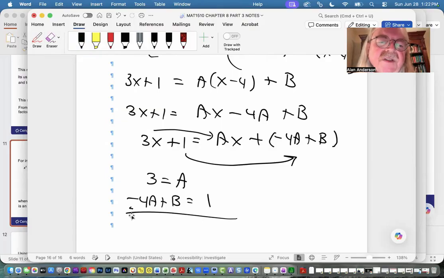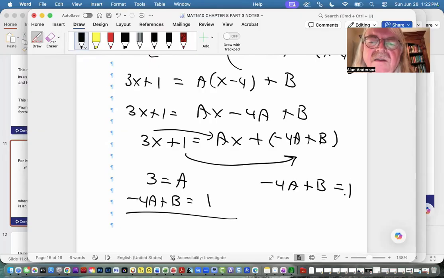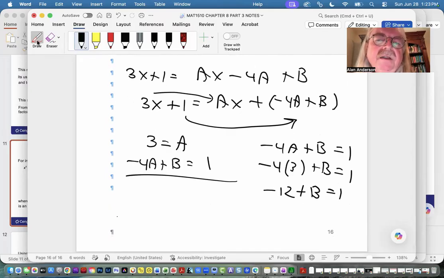So we know that 3 equals a, and therefore we can plug that into the second equation. And we end up with 13 obviously equals b.